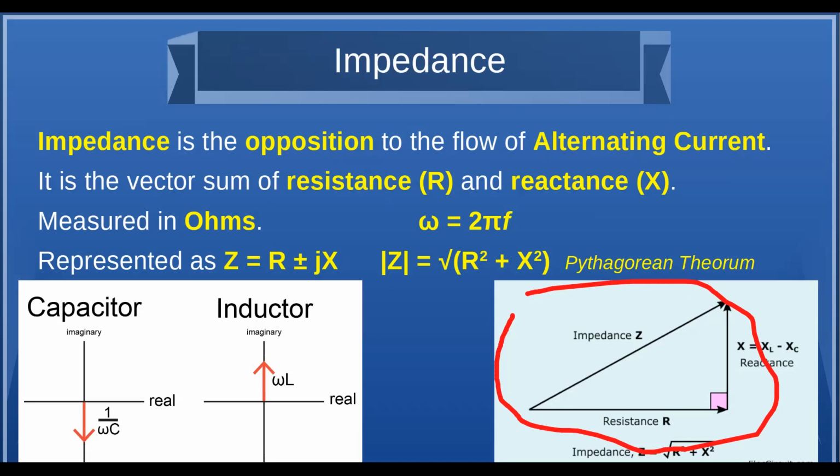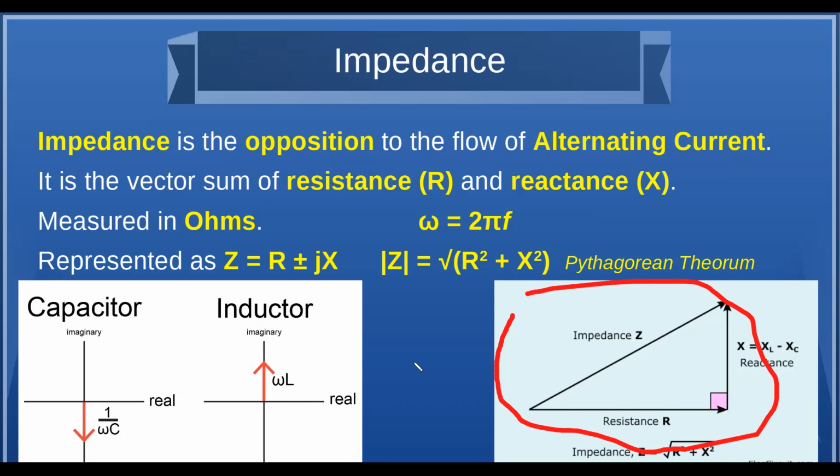So here, the capacitor is going to be represented on the negative complex axis or imaginary axis, and the inductor is going to be on the positive imaginary axis.